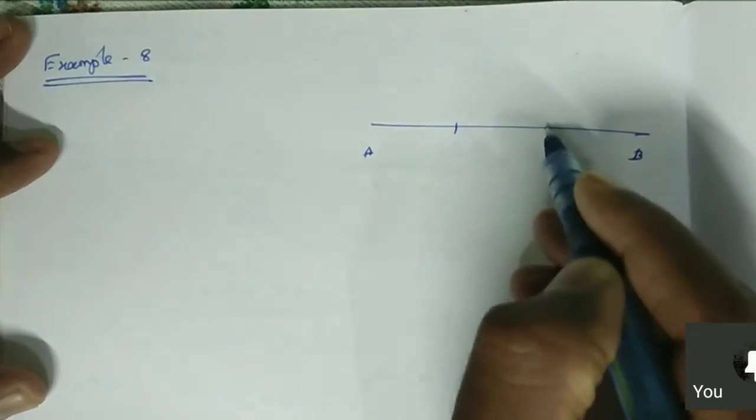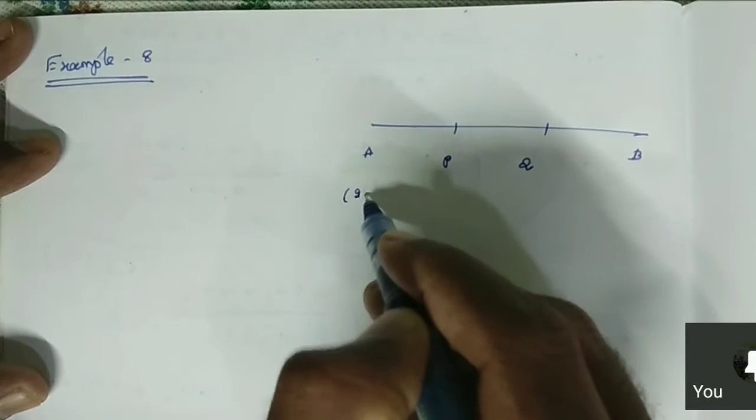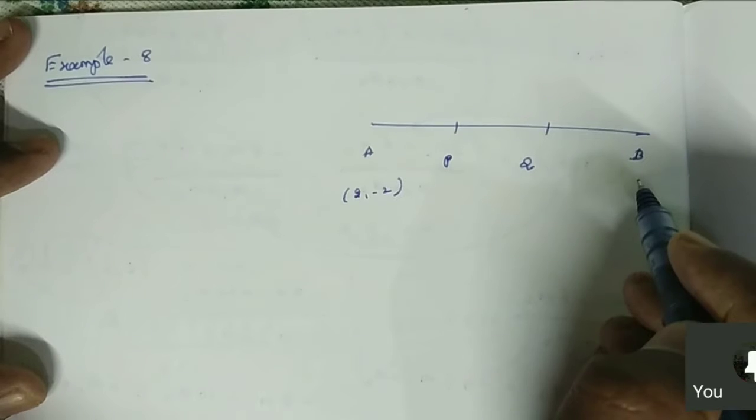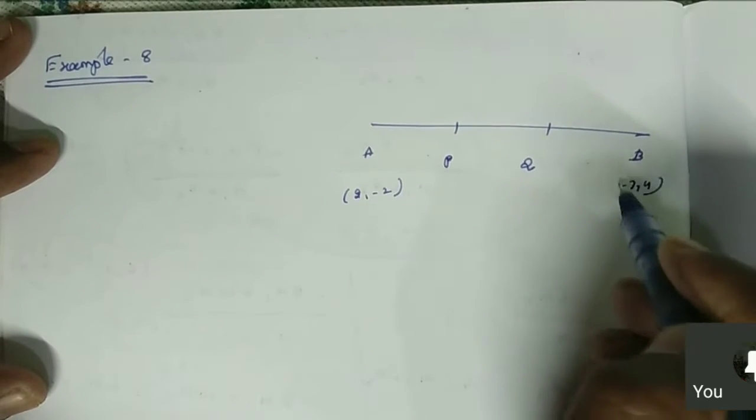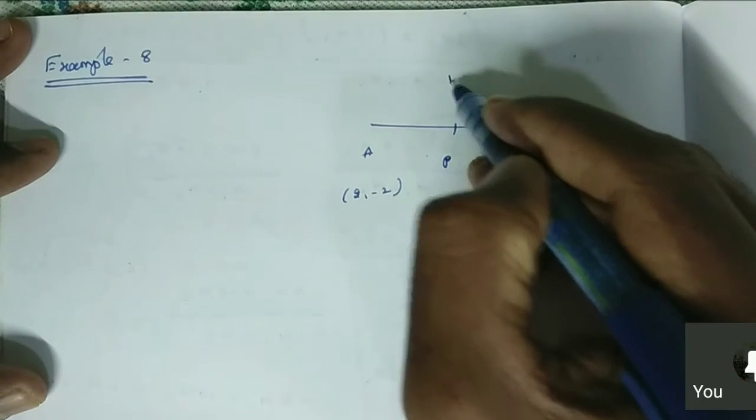Example 8. There is a line AB that can be divided into three equal parts by P and Q. The A point is (2, -2) and the B point is (-7, 4). Then what is the ratio for this? 1:2.